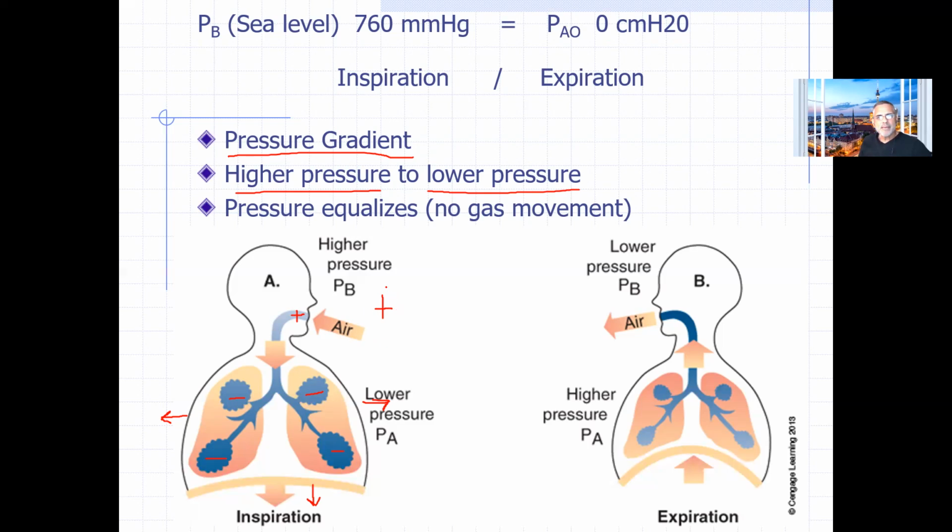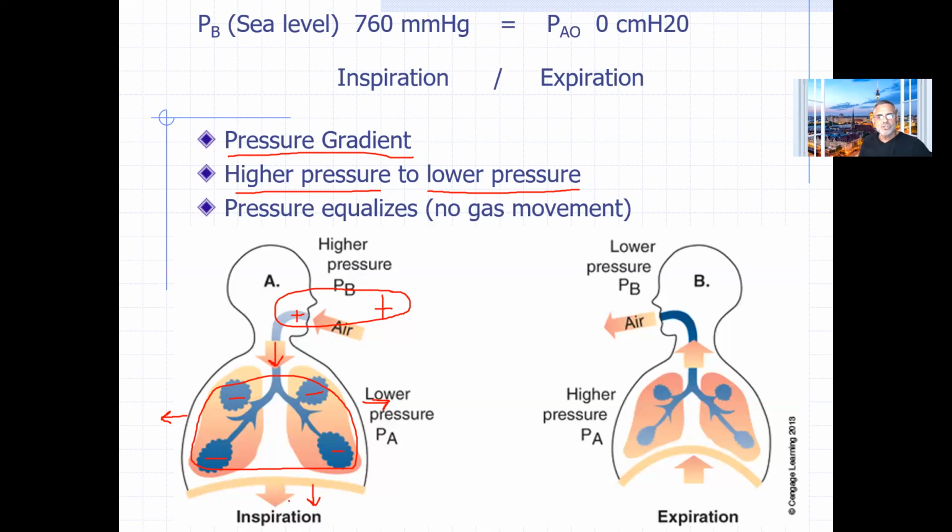And so when we see that pressure gradient of positive compared to negative, then we're going to see gas go from a more positive pressure down to a more negative pressure, and we can see gas moving into the airway.